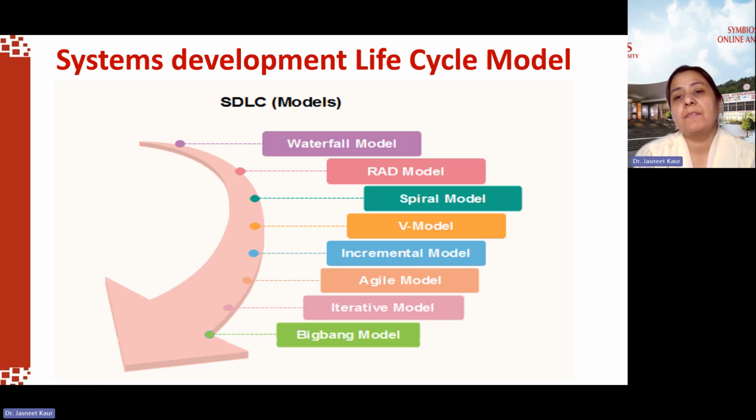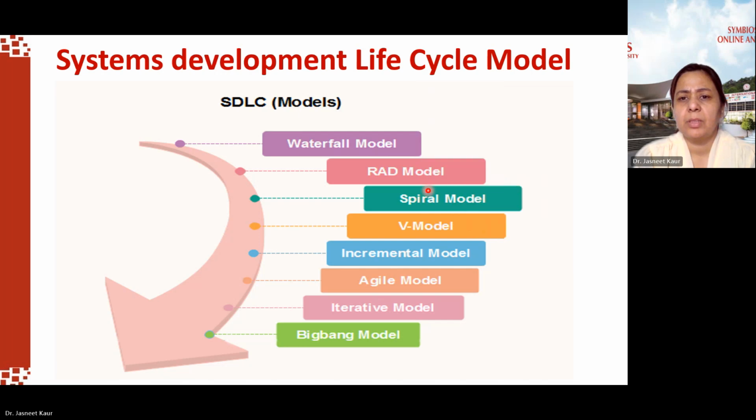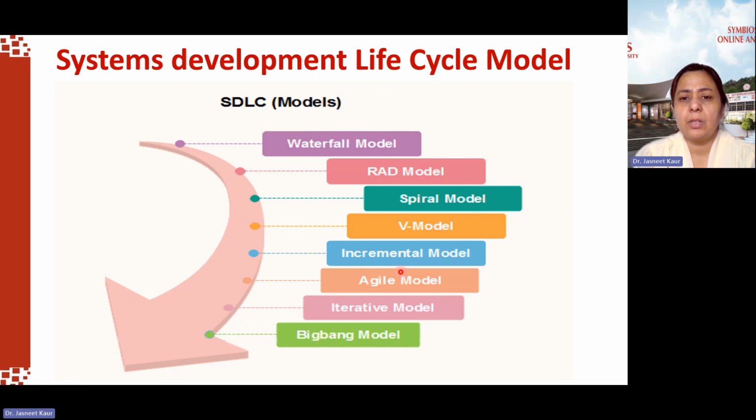So system development lifecycle models, there are various models. In the last session, we discussed a little bit about the waterfall and RAD model. However, there are many other models. Waterfall model is there, RAD model is there, spiral model is there, V model is there, incremental model is there, agile model is there, iterative models are there, and Big Bang model.